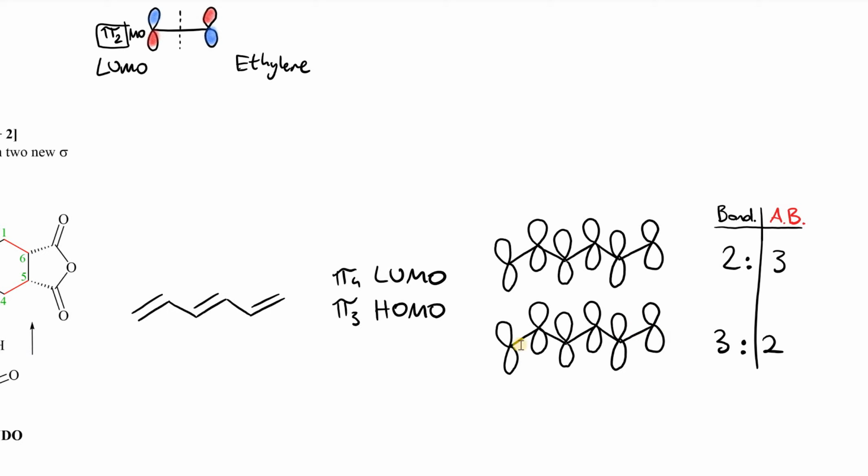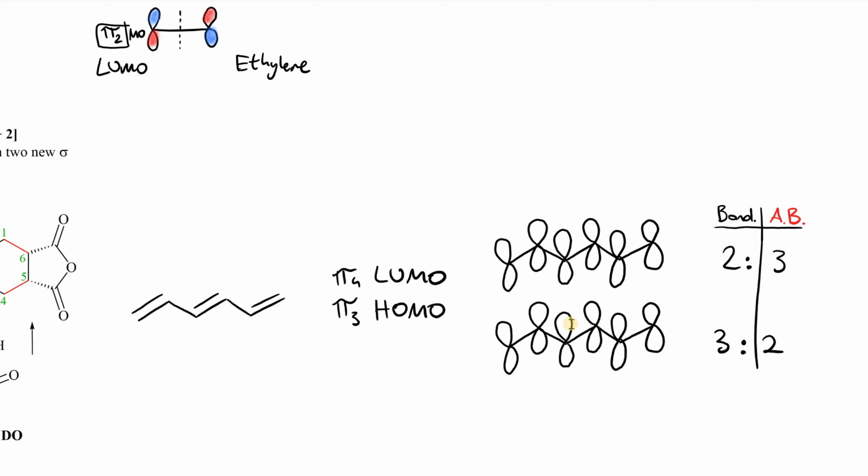We have 6 p atomic orbitals here, and we understand that a pi bond involves 2 p atomic orbitals. So if we divide all 6 of these p atomic orbitals by 2, we get 3, which means we need 3 bonding interactions, like we said, 3 pi bonds. We can think of it as 3 individual pi bonds.